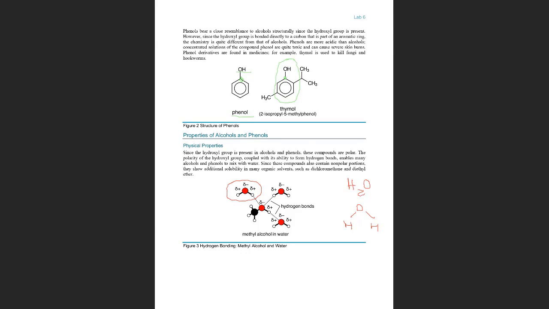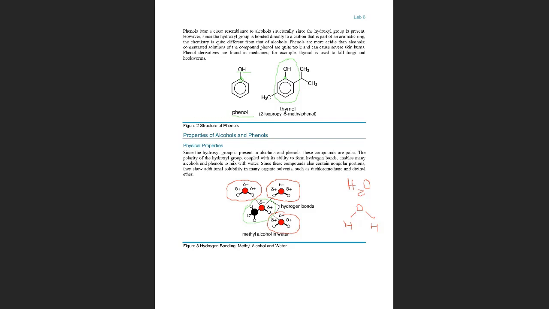In red is the oxygen. This little circle in white is the hydrogen. And in this picture, we have 3 molecules of water, 1, 2, and 3, and we have the methanol or the methyl alcohol that is this one.